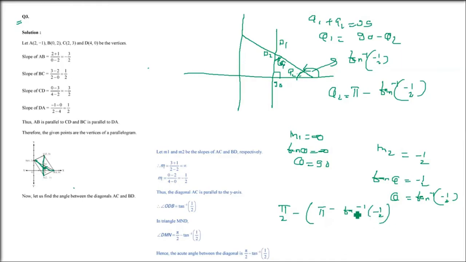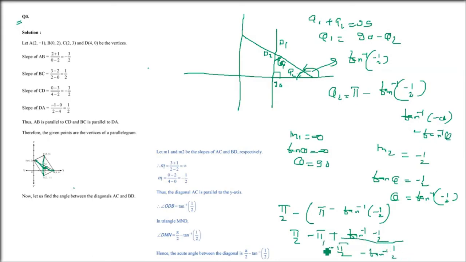Now pi by 2 minus pi is minus pi by 2. 90 minus 180 is minus 90. And the minus comes out of tan inverse minus half, because tan inverse of minus theta is minus tan inverse theta. So you can write it as minus tan inverse half. So this is the answer. This is your real answer.